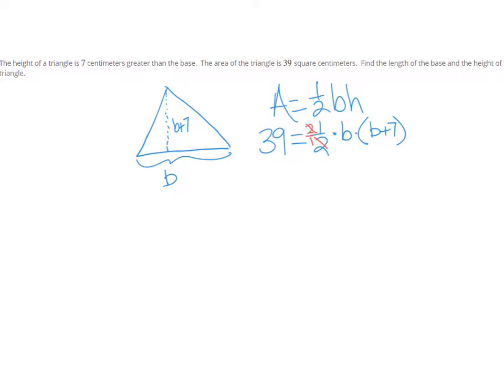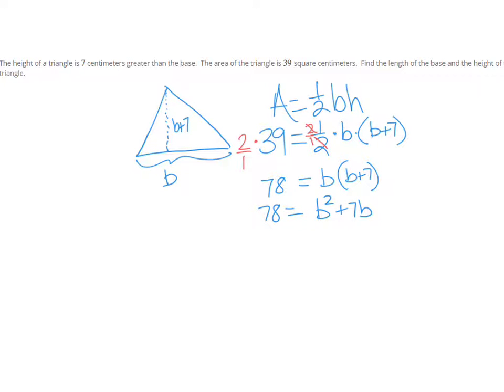But I have to take the other side times 2/1 also. Now this side's not a fraction, so I don't really need the over 1 part. I just do 2 times 39, and that's 78. Then I'm going to have the B and the B plus 7 over here, but the 1/2 is gone, and that's going to make my numbers way prettier. Let's distribute.